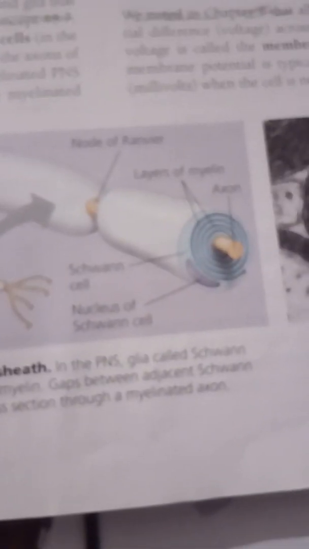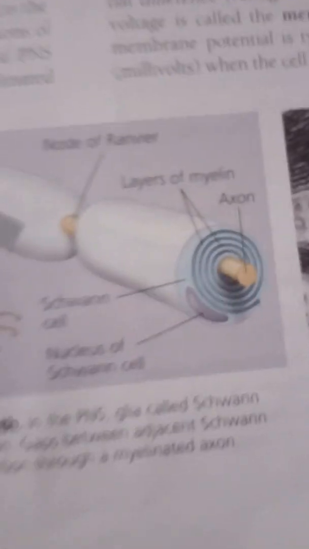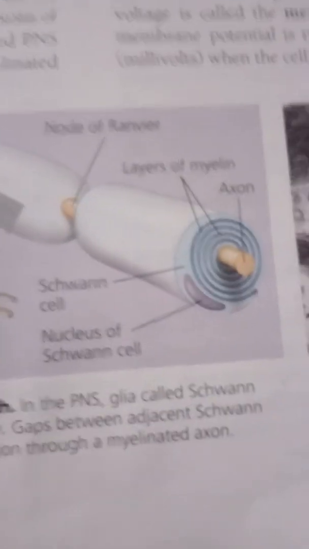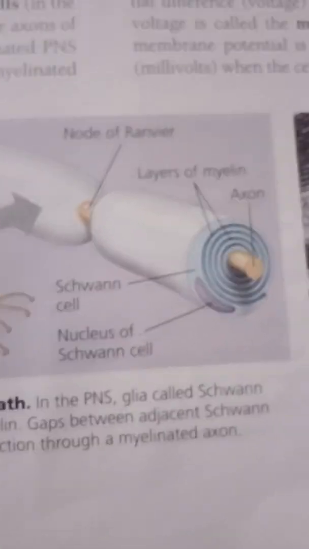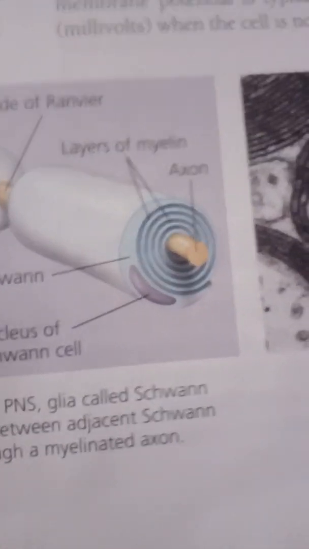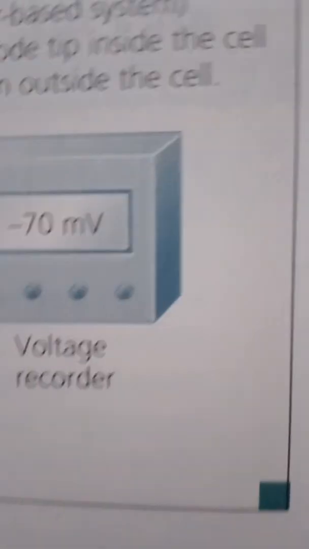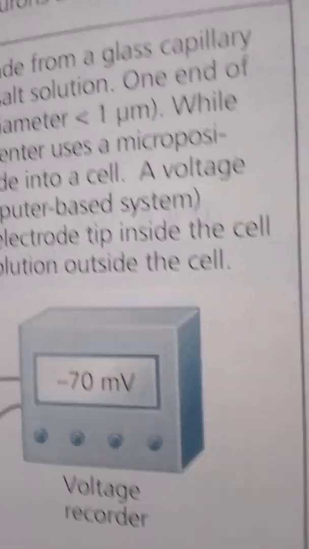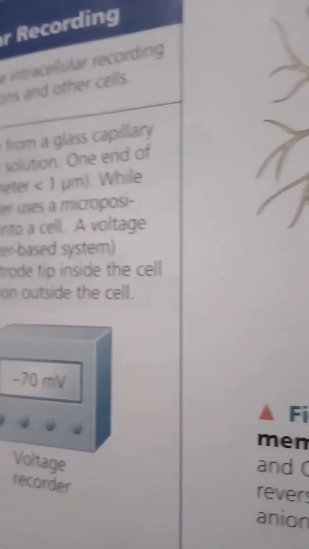Ion pumps and ion channels maintain the resting potential of neurons. All cells have an electrical potential difference, or voltage, across their plasma membrane. This voltage is called the membrane potential. In neurons, the membrane potential is typically between -60 and -80 millivolts when the cell is not transmitting signals. The minus sign indicates that the inside of the cell is negative relative to the outside.